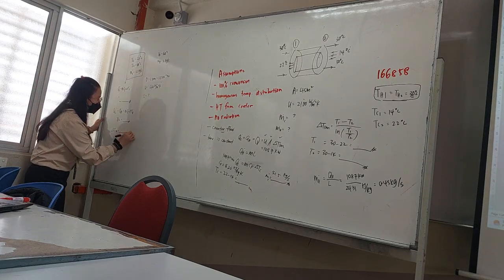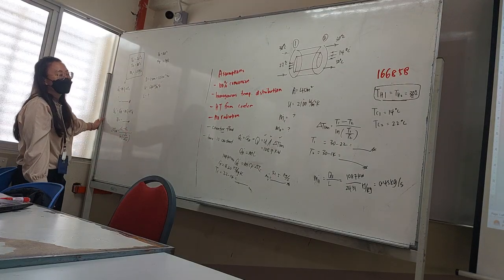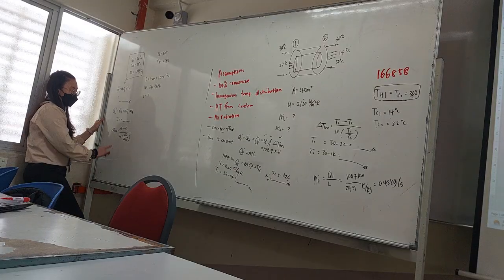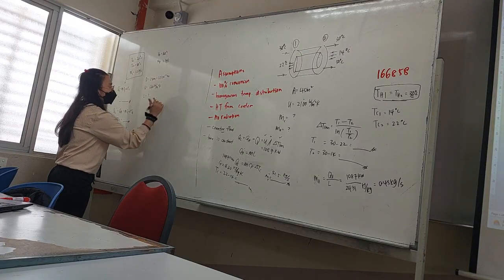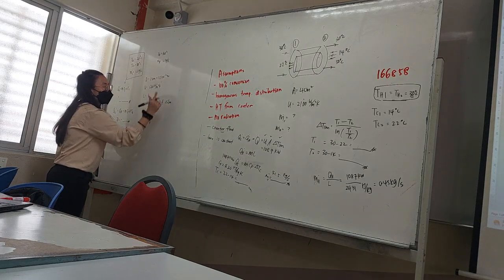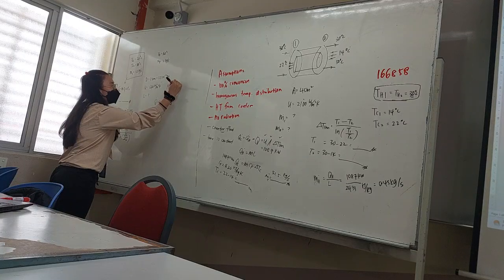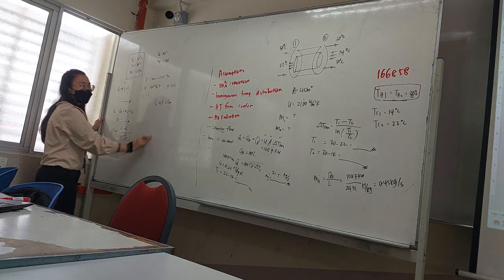So delta log mean you get from the equation, delta T1 minus delta T2 over the log. Okay, so you get delta log mean already. Then you can calculate the Q value. The A value, your area, equals pi dL. Your Q value is 100% conversion, so equals your Qc.